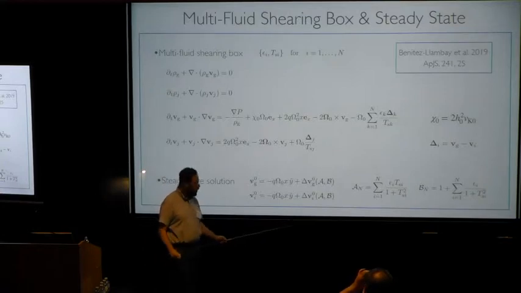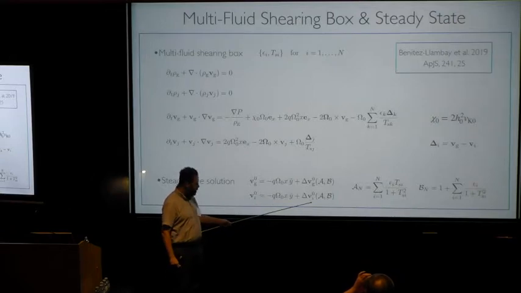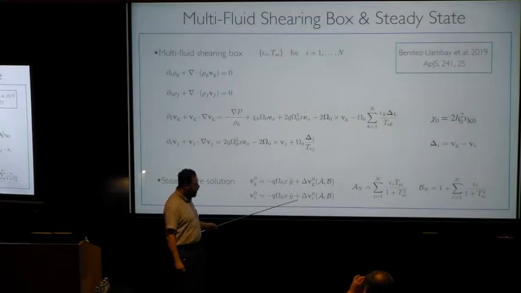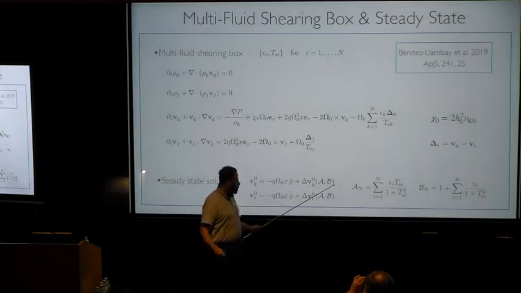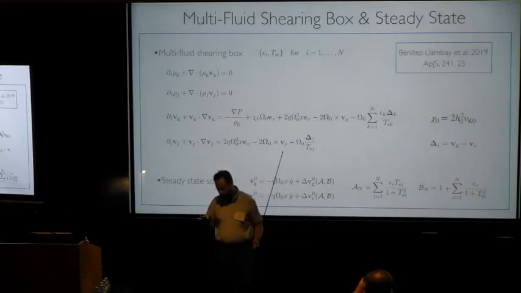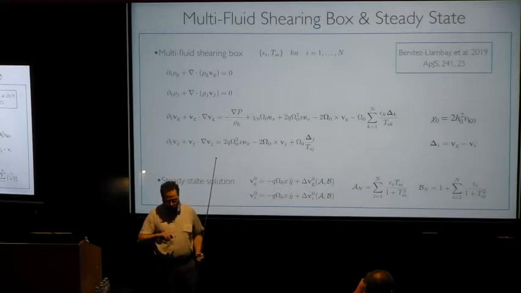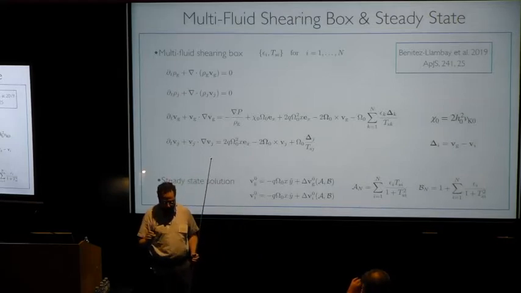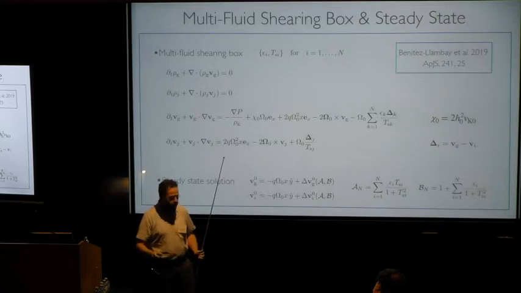But what you should know is that the departure of the gas with respect to this background velocity, and of each dust species with respect to the Keplerian shear, depends on these two functions, so to speak, that are a sum over species. And this is to be expected. So this is saying that in principle, if I have n dust species, even though the dust species are not talking to each other directly, because they talk to each other through the gas, then when you want to understand the circumstellar dynamics of n dust species, you need to carry all of them, okay?